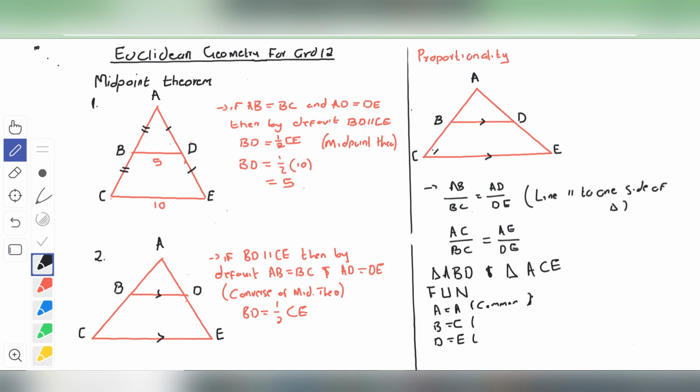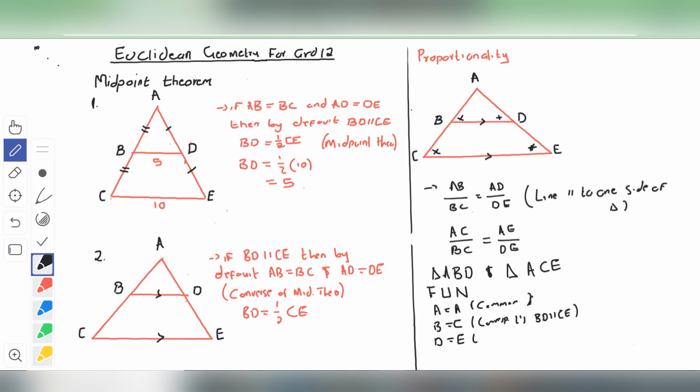So this angle is equal to this angle. The reason is corresponding angles. And also this angle is equal to this angle, the reason is corresponding. Can you guys see it? So angle B is equal to angle C. The reason is corresponding angles. Therefore, you state the lines which are parallel to each other: BD is parallel to CE.